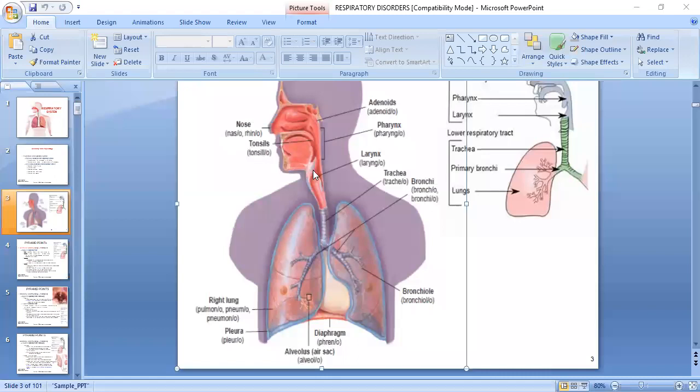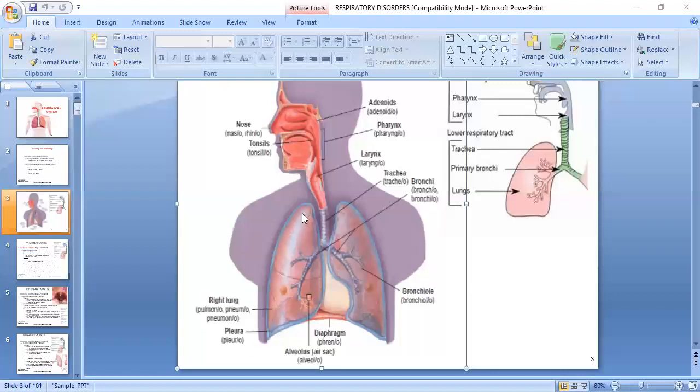So then the larynx continues to the trachea, and the trachea is divided into two. One is left, the other is the right. On the left side, there are three lobes. And this trachea divides into the bronchi and bronchioles. And the ending portion here is called the pleura.